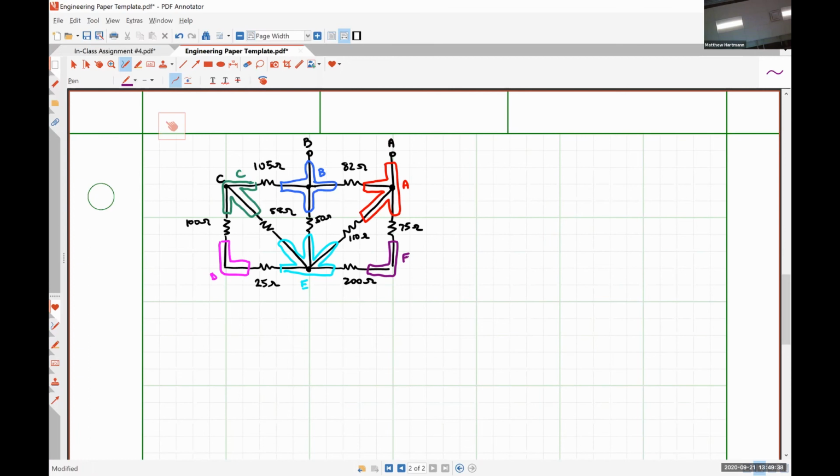It helps me see connections, particularly things in parallel, to see that they share the same colors.